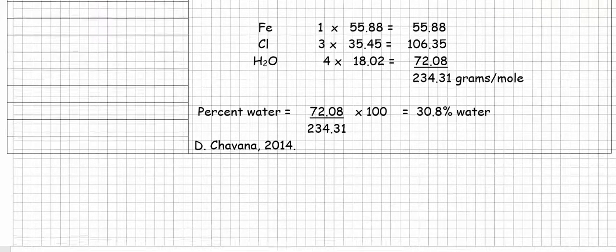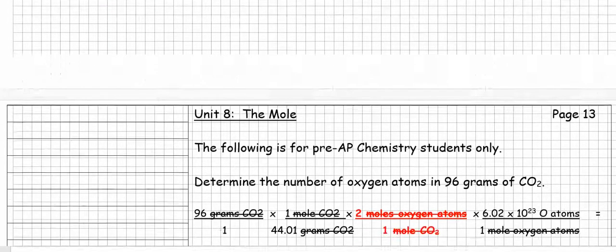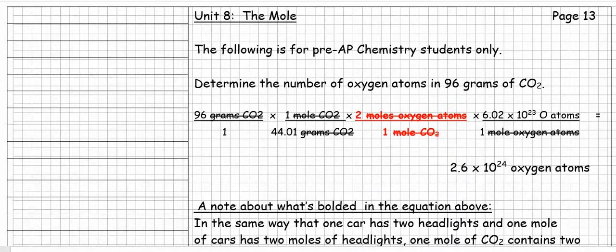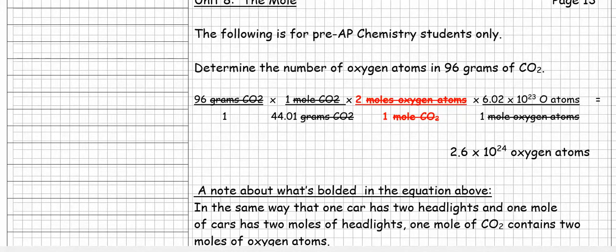Let's see. We went to percent composition. Determine the number of oxygen atoms in 96 grams of carbon dioxide. We did a dimensional analysis where we started with 96 grams and converted that to moles.